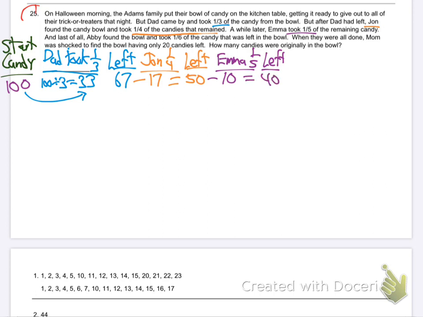Last of all, we've got Abby. Abby took 1/6. So 40 divided by 6, that's not going to be clean. I'll round it to 7. Subtract. What's left after Abby's done? 33.